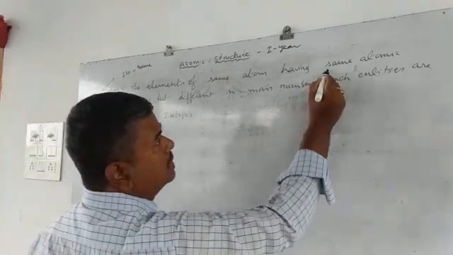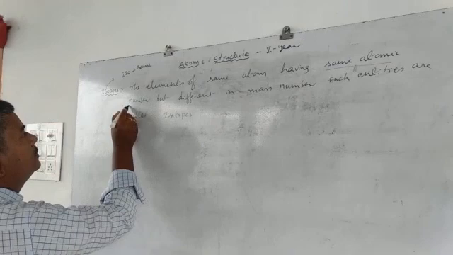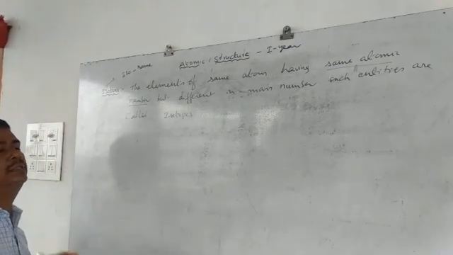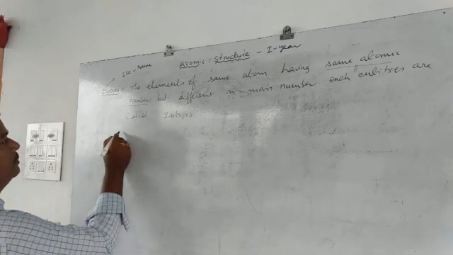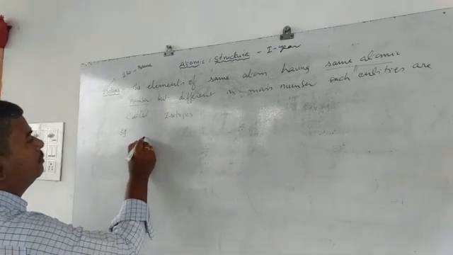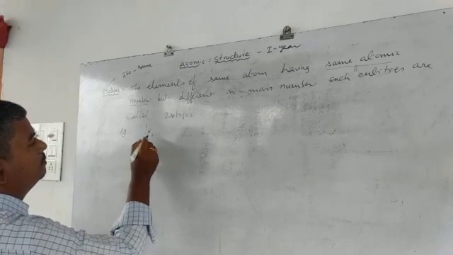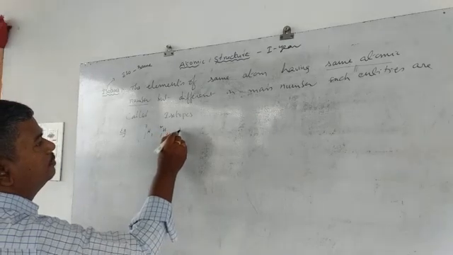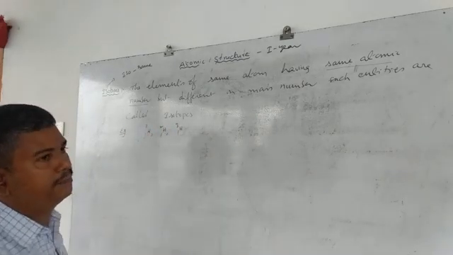So once you observe, having the same atomic number, that's the main one. Means the elements having the same atomic number. Example, 1H1, 1H2, 1H3.